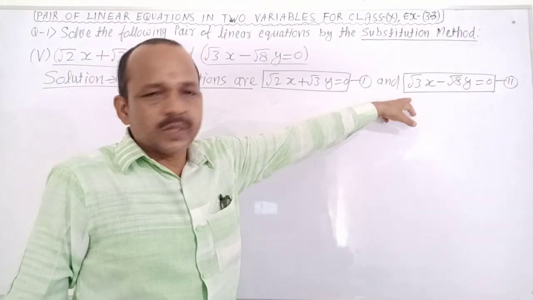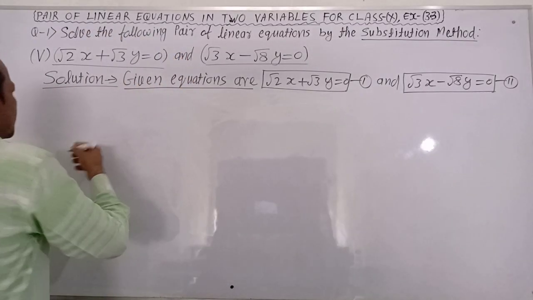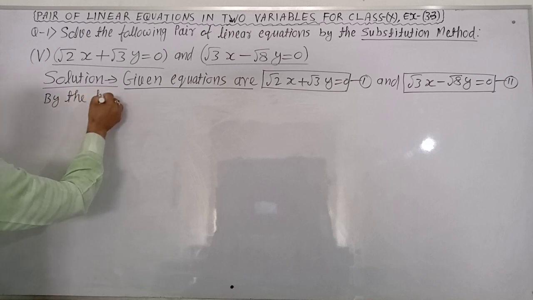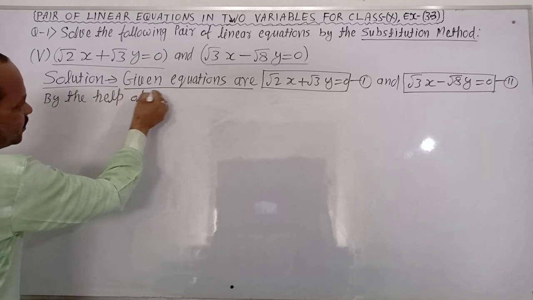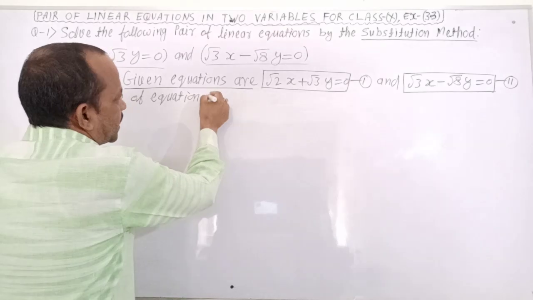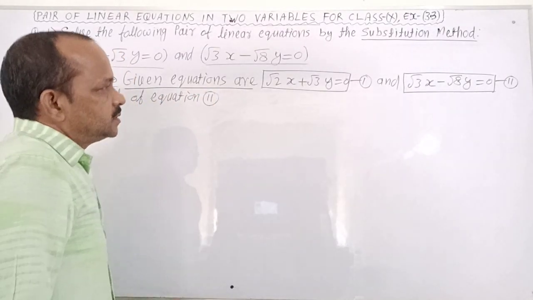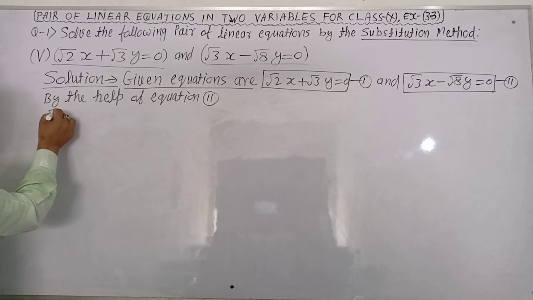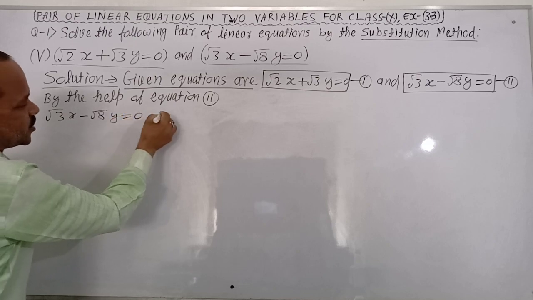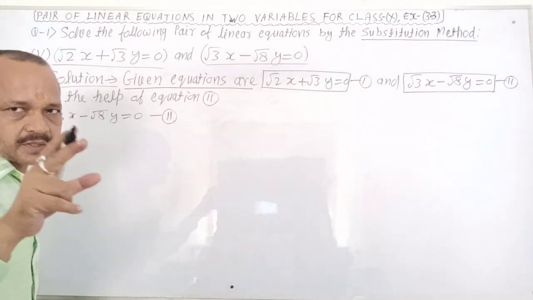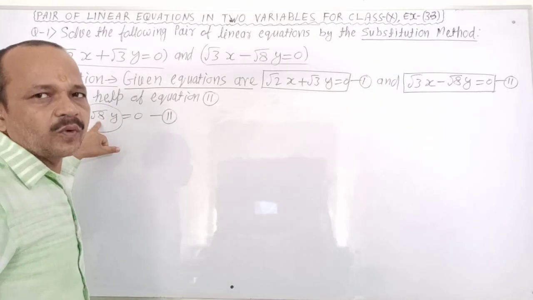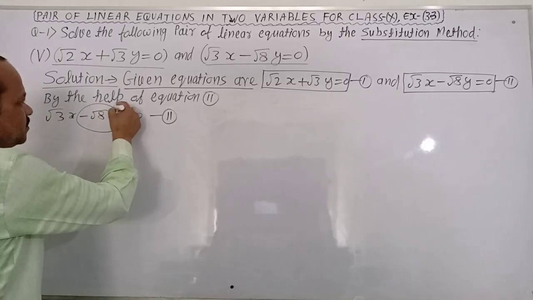By the help of equation second, root 3x minus root 8y equal to 0. It is equation second. You can write minus root 8y on the right side of equal.